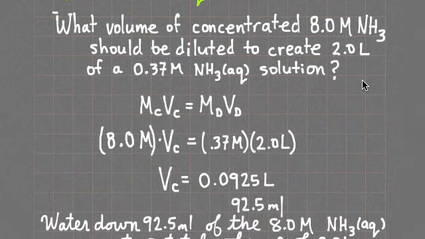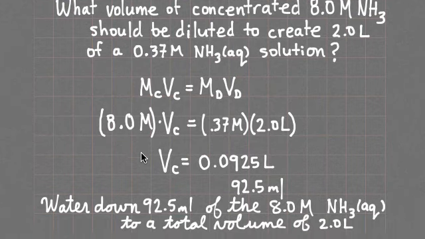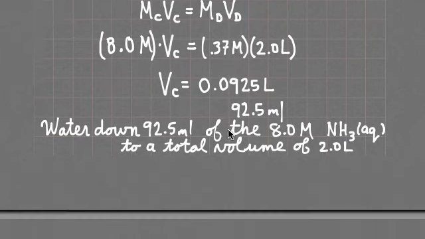I determined that this volume with this molarity, this volume, this molarity, and the question, how much of the concentrated stuff should I take? So I take 92.5 milliliters and water it down to 2 liters to make the less concentrated 0.37 molar. Very, very helpful in the lab.